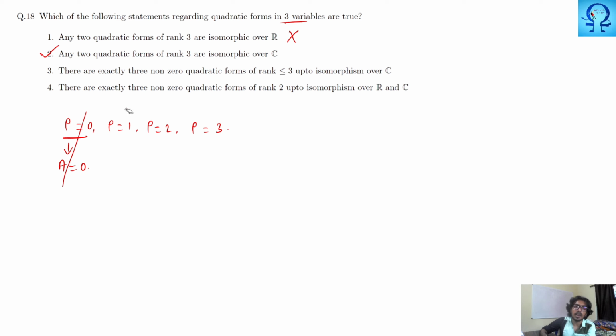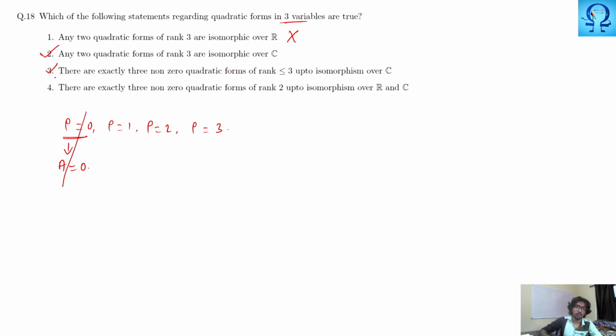In a similar way, with all the matrices of rank 2 you can associate a quadratic form, and all of these will be isomorphic. So up to isomorphism we are considering all the quadratic forms of rank 2 as only one, since they are isomorphic. So we will have only one of rank 1, only one of rank 2, and only one of rank 3.